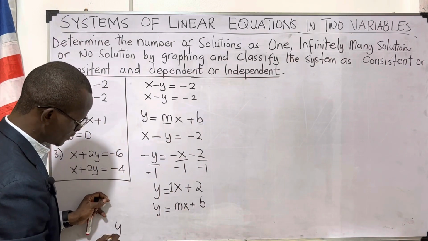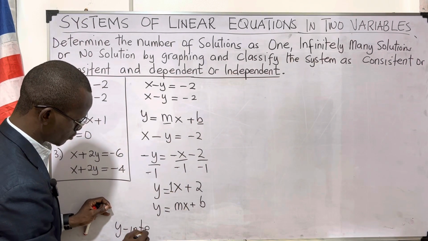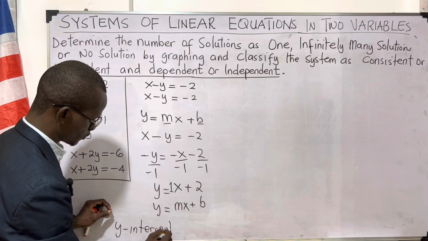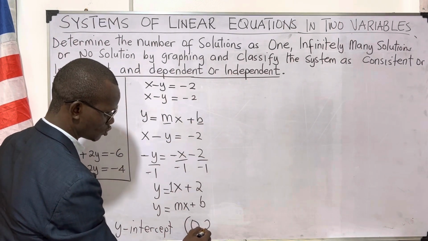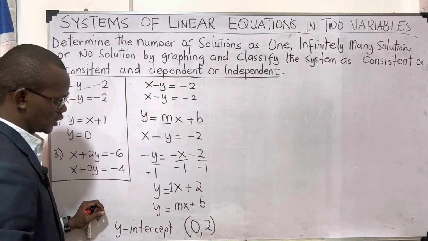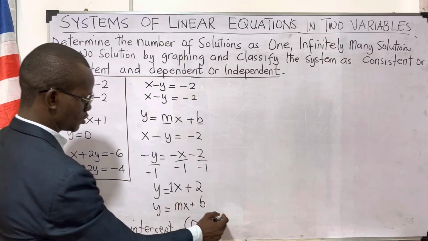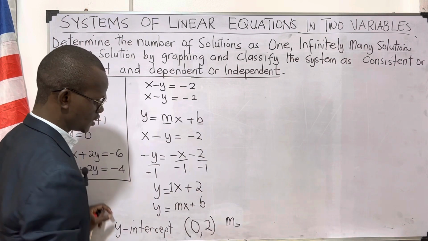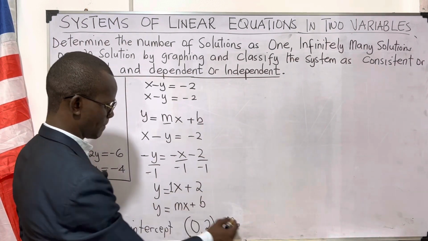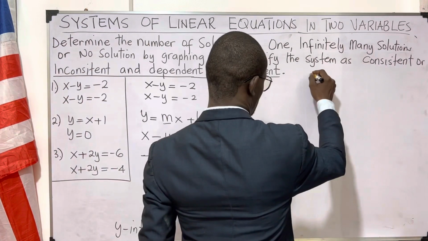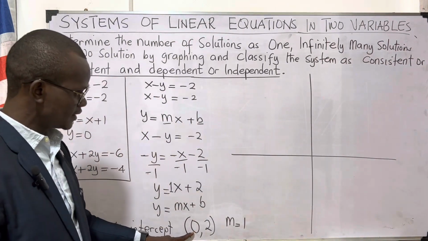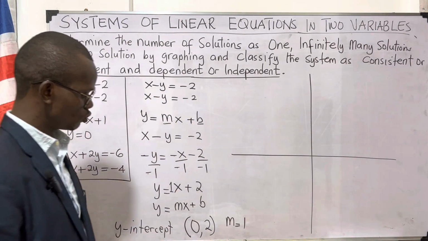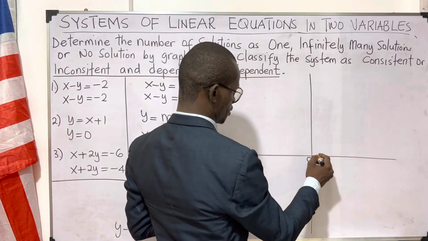So the y-intercept is when x is 0, y is 2, and the slope is 1. Now we want to graph. When x is 0, y is 2, so there is the point 0, 2.